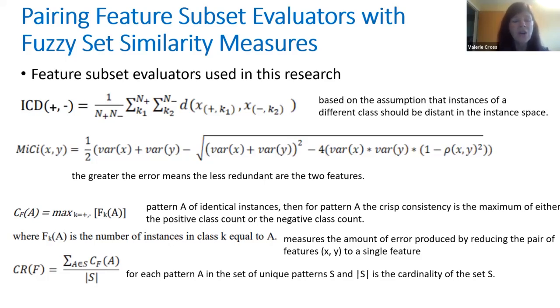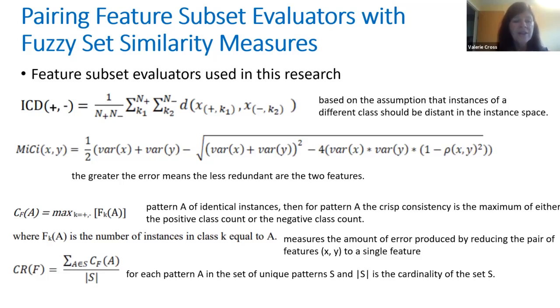And you did that over all the pairs of features in your feature subset that you randomly created from your different groups. If it had a high maximal information compression value, then that feature subset was a good feature subset. And for the consistency rate, you look at patterns, and if you have pattern A and it's inconsistent, where half of them are positive and half of them are negative, then this is not a good grouping for a feature subset.